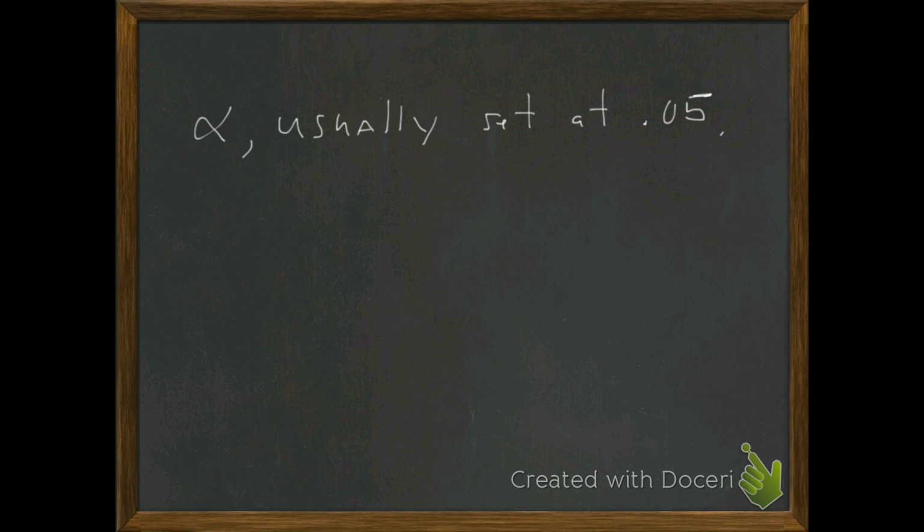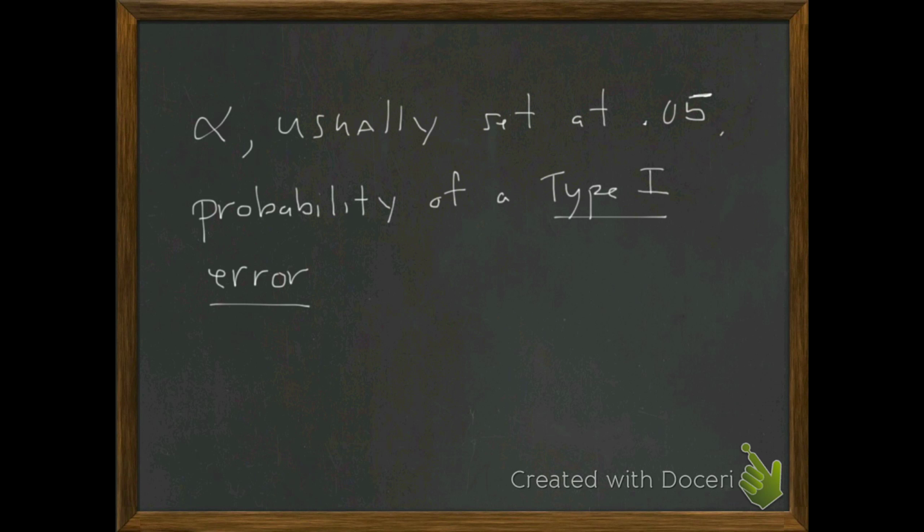So alpha is usually set at 0.05, and this is the probability of a type 1 error. Now guys, remember, what's a type 1 error? Type 1 error is the probability of rejecting a true null hypothesis.